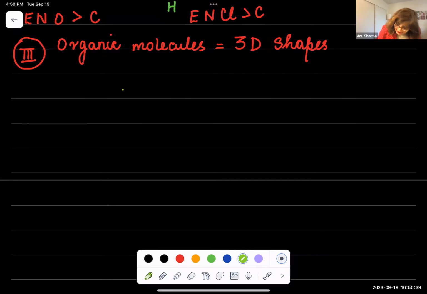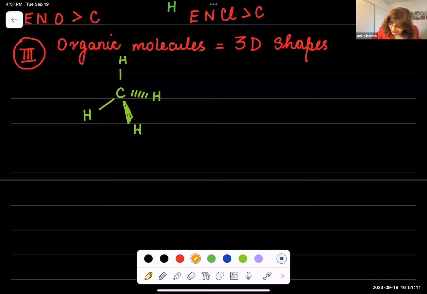You have carbon here, like a three-legged chair. One end is like a wedge shape, pointing towards you. One leg of the chair is behind, one is on the side, and one is on the top. So like a three-legged chair, that's the shape in 3D. We show it like this.